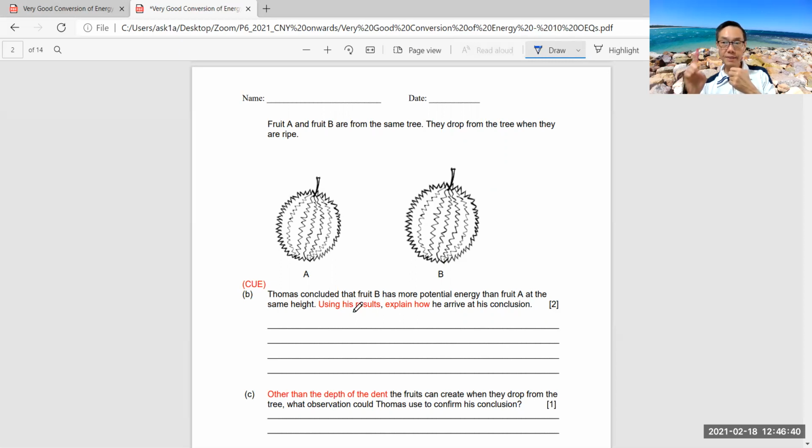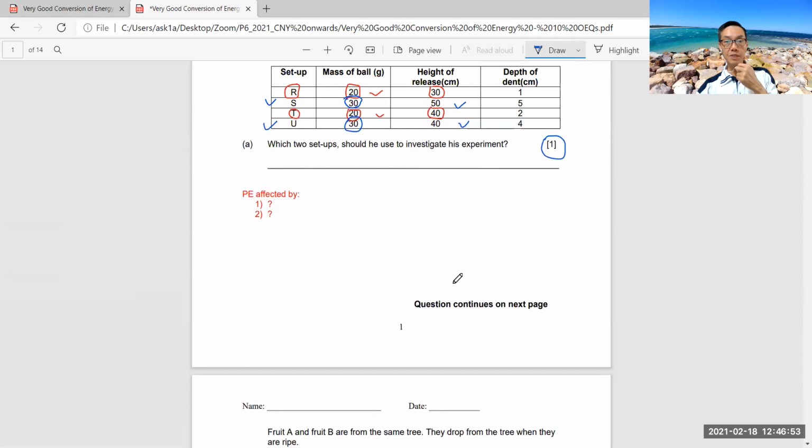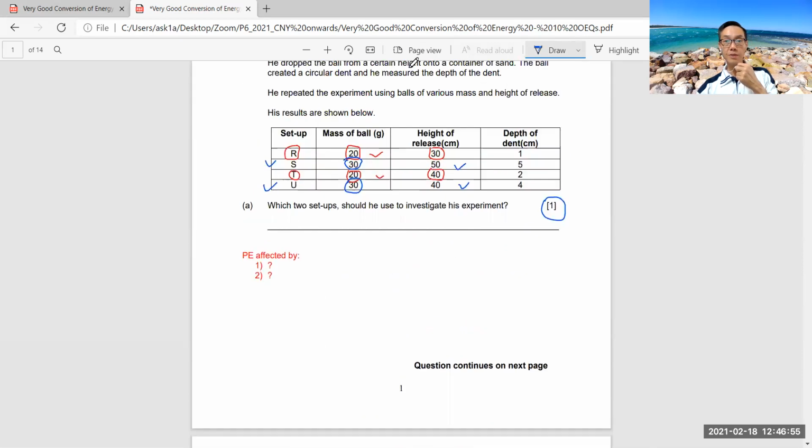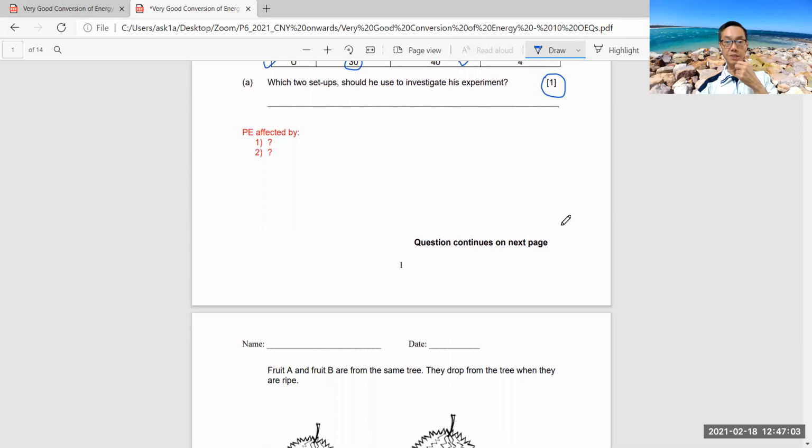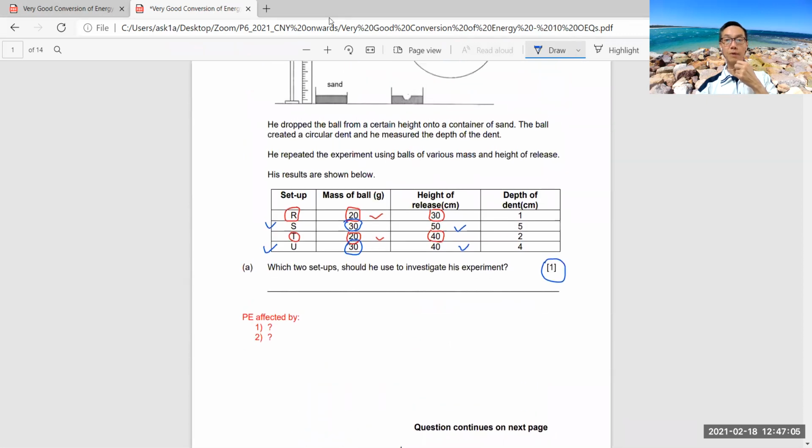However, there's a requirement here: using his results, explain how he arrived at his conclusion. Using his results means using the results here. How can he make such a conclusion? Let's continue by reviewing this question in a short while.